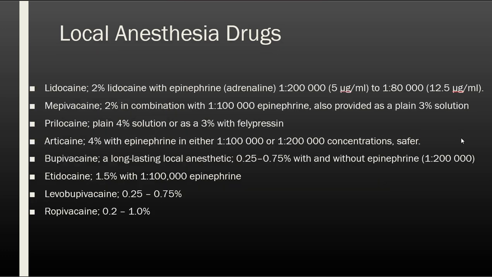Now lidocaine, we can use it 2%, mepivacaine 2% or 3% solution, prilocaine 4%, articaine 4%, bupivacaine 0.25 to 0.75%, etidocaine 1.5%, levobupivacaine 0.25 to 0.75%, and ropivacaine 0.2% to 1%.